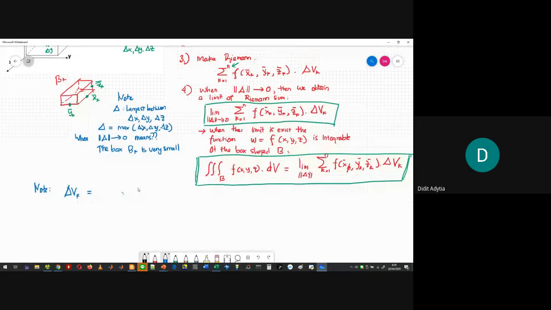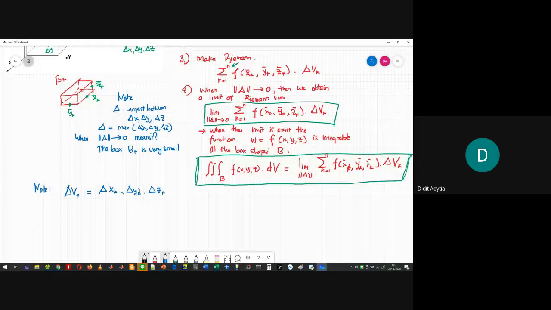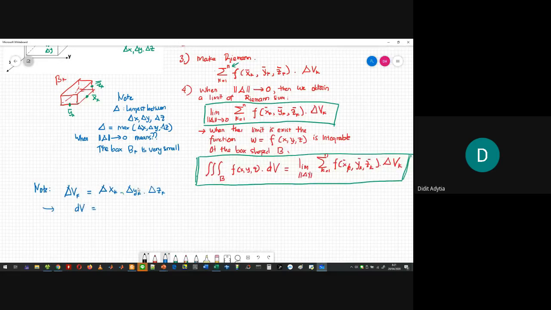The length, width, height: delta xk times delta yk times delta zk. When it is continuous, this becomes dV, and this becomes dx dy dz.